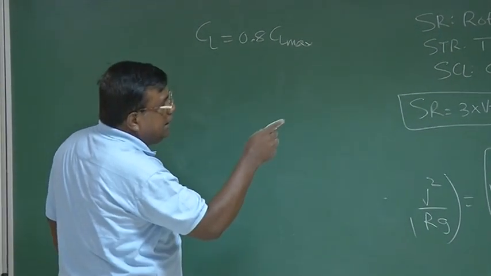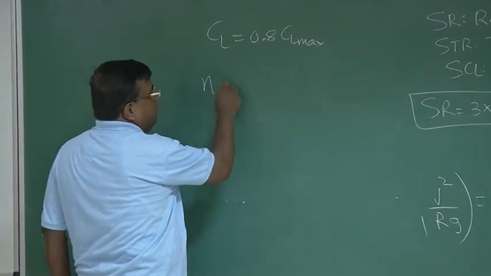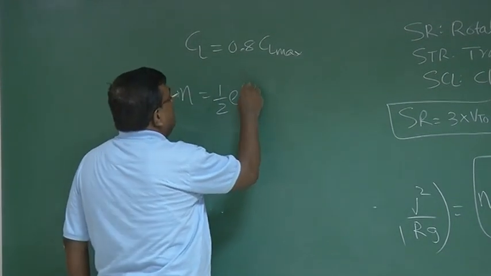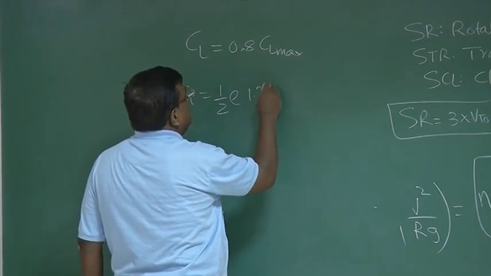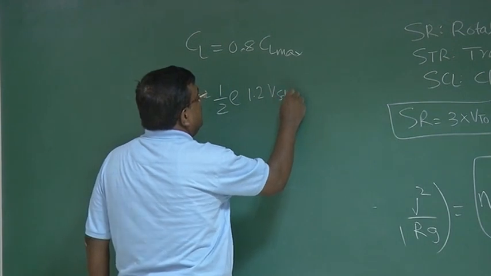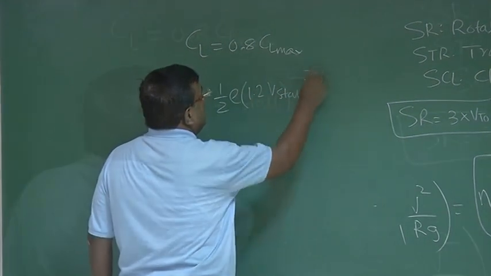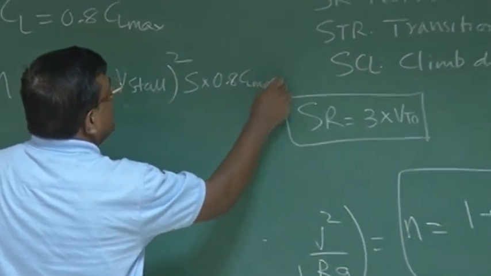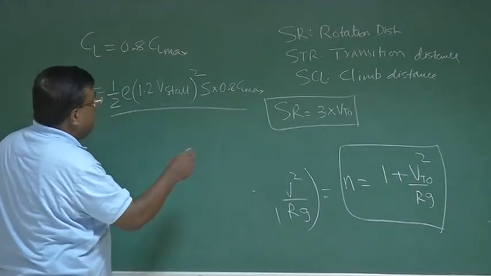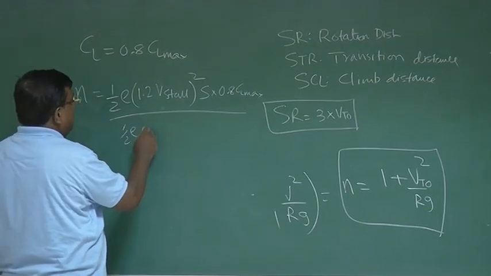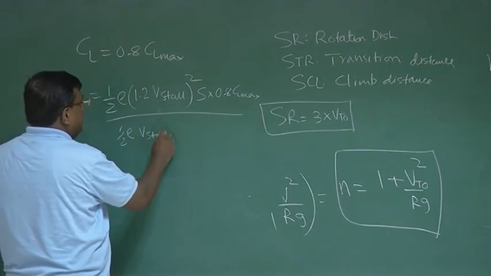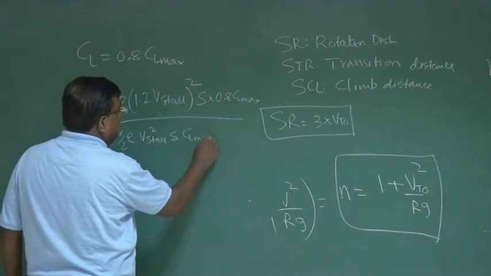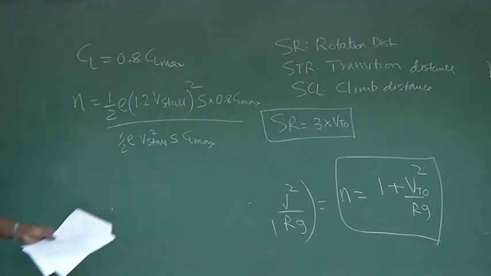Then checking that expression, I get N equal to half rho V takeoff square, which is 1.2 into V stall square, S CL is 0.8 CL max, divided by W. W I know is half rho V stall square S into CL max, because that is how V stall is defined.